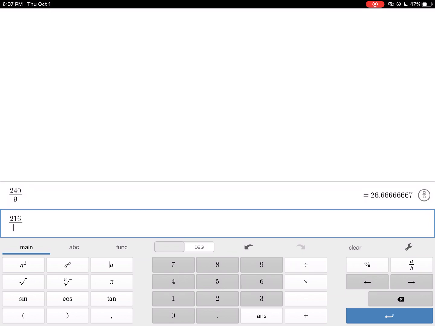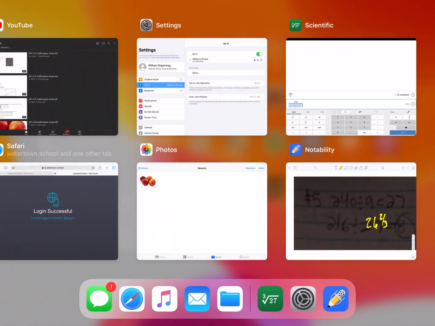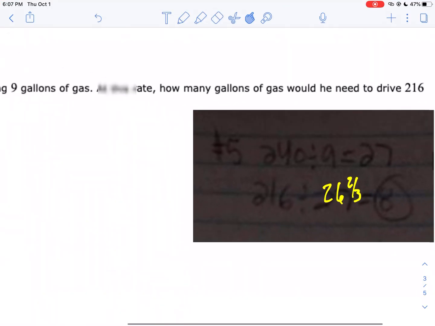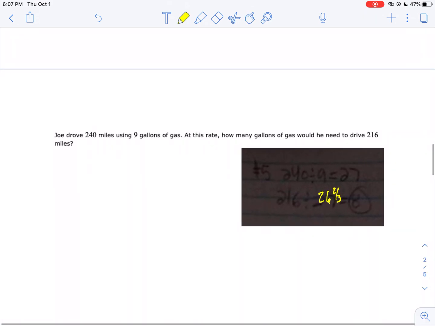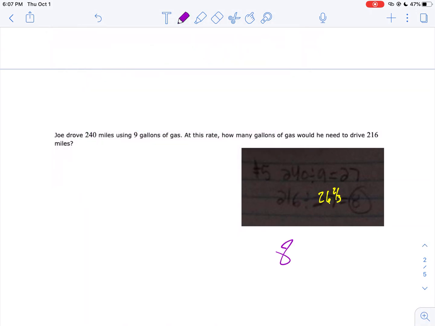I'm going to divide that by your answer. And notice we get 8.1. And 8.1 is the correct answer for this. So your process was right. Your process was right. You just got to be careful of your rounding. And don't be rounding in the middle of the problem.